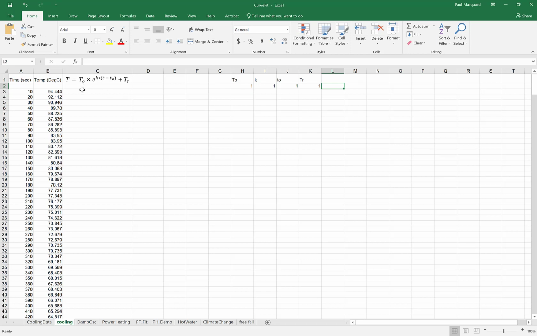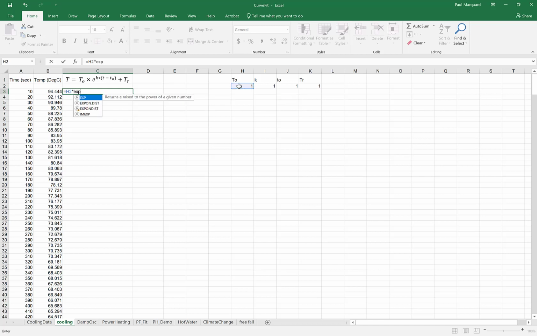All right, so I'm going to plug the data, or the time, into this equation up here. So I do this equal sign. I've got the initial temperature, which is right here, so that's cell H2, times an exponential function, which in Excel is exp.